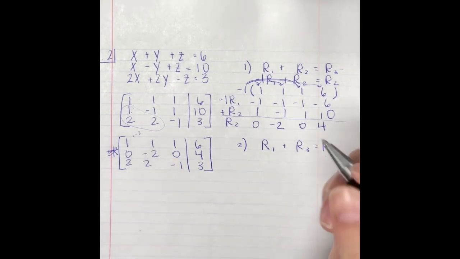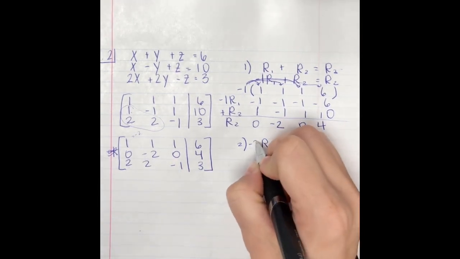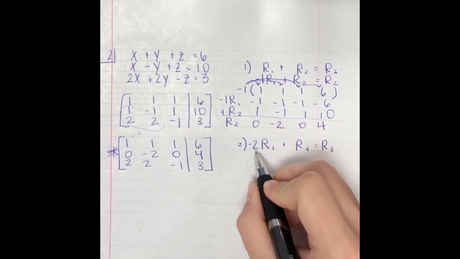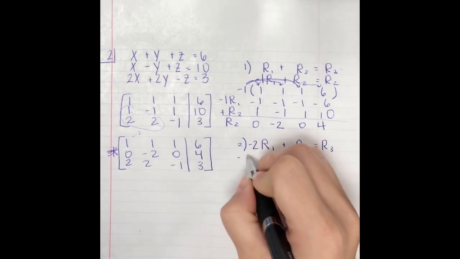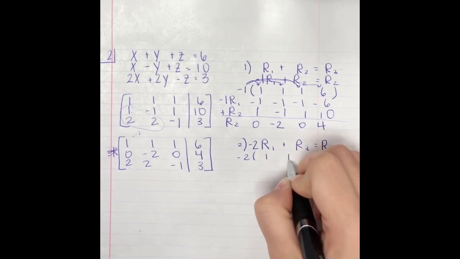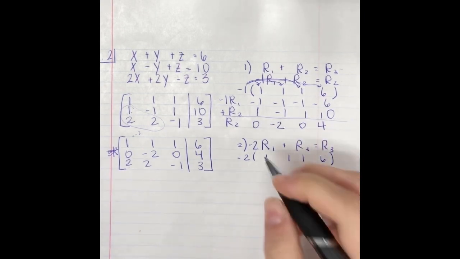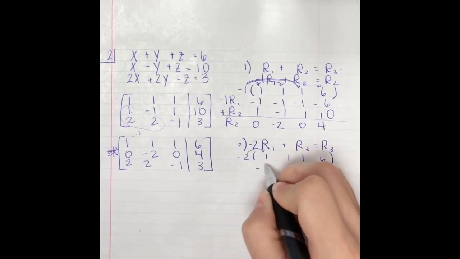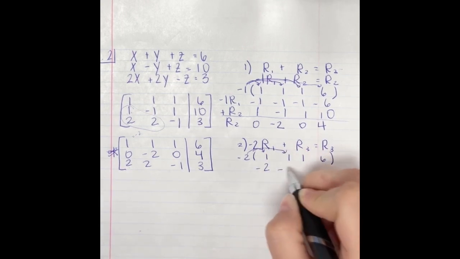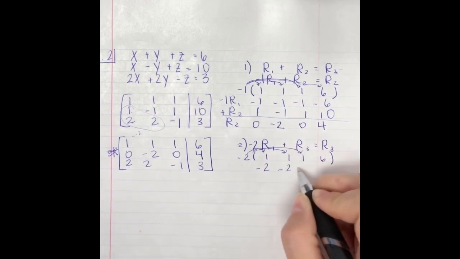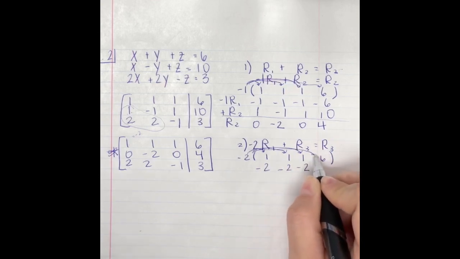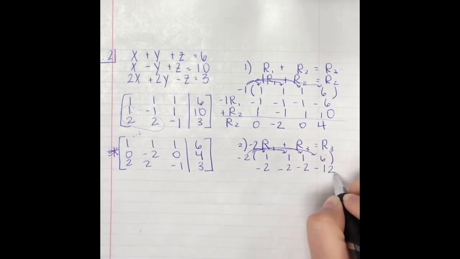Okay, so I'll just go ahead and put it right here. We're going to multiply row 1 by -2. So -2 times 1, 1, 1, 6. -2 times 1 is a -2. Same again, and then -2 times 6 gives us a -12.